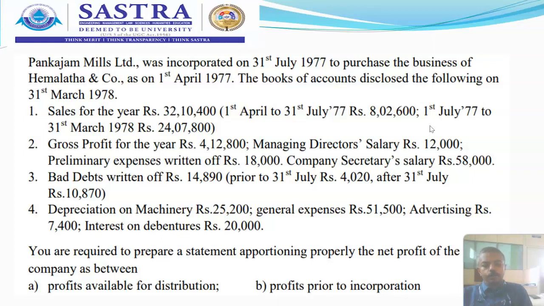That means 1/4 for pre-incorporation and 3/4 for post-incorporation. So out of 7,400, calculate the 1/4 and apportion that amount to the pre-incorporation, and calculate 3/4 and apportion that amount to post-incorporation.